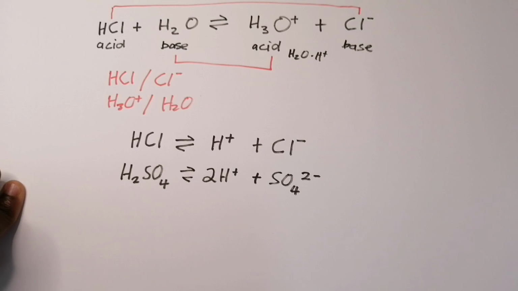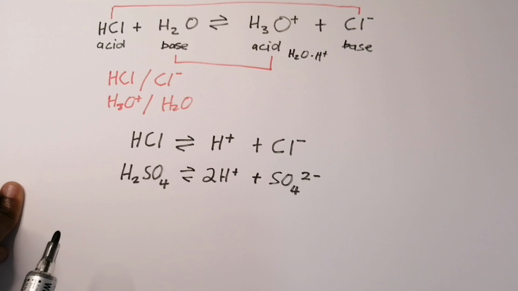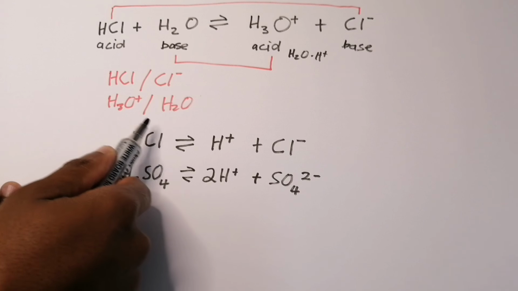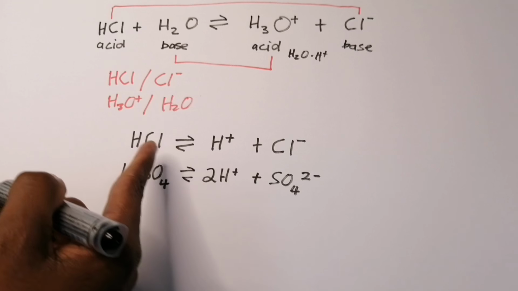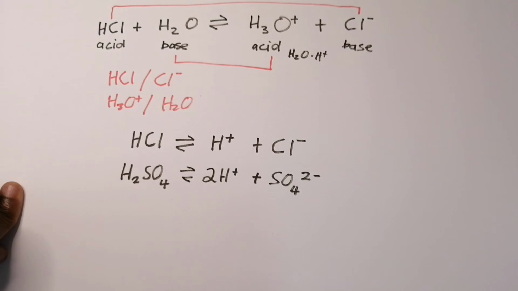Now, ladies and gents, why is this important? I want you to please note. It means, let's take the first one, the one for hydrochloric acid. How does hydrochloric acid ionize, right? It means for 1 mole of hydrochloric acid, I will actually get 1 mole. Of course, assuming that it ionizes completely, right?